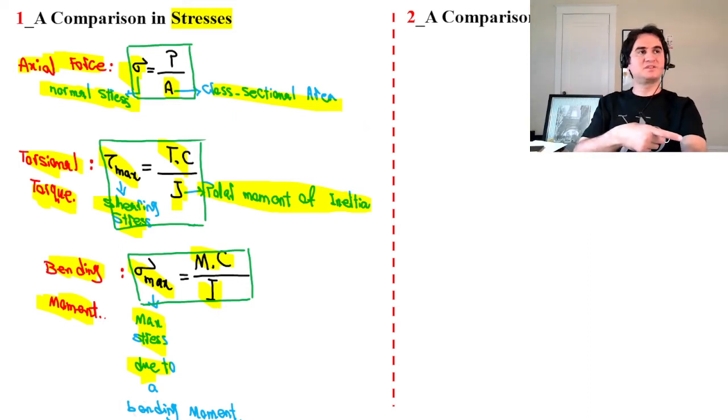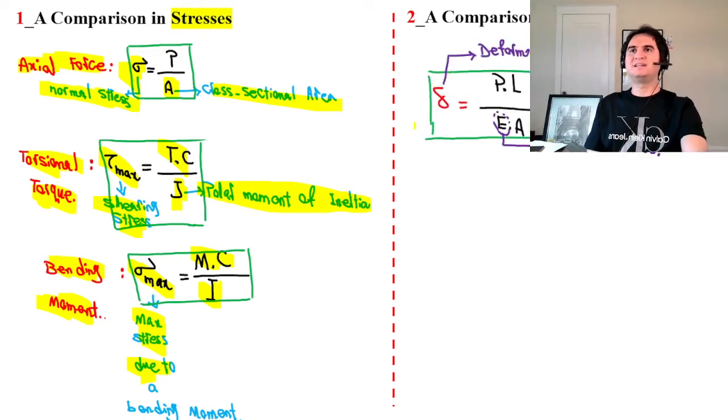And when it comes to the deformation, it's even more interesting. Delta in axial deformation due to axial load is PL over EA, and E is the elasticity modulus.